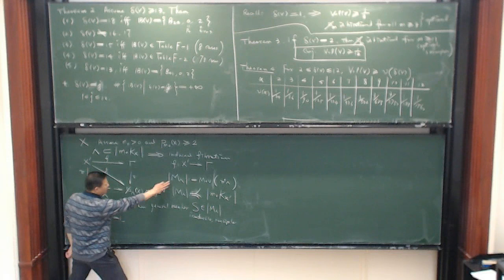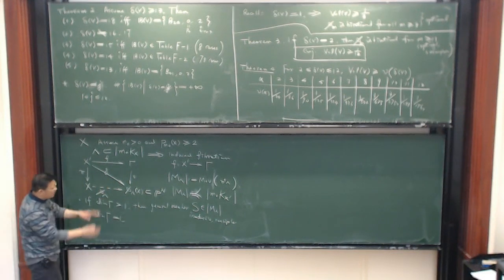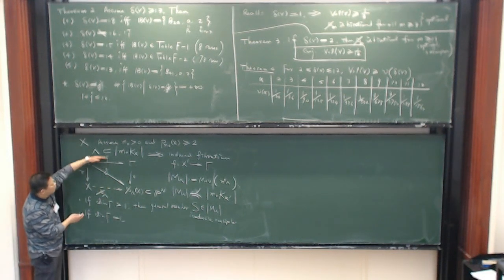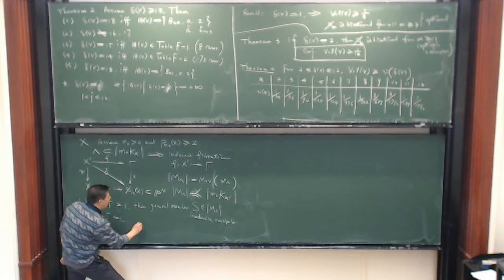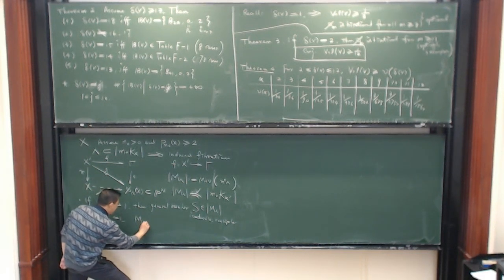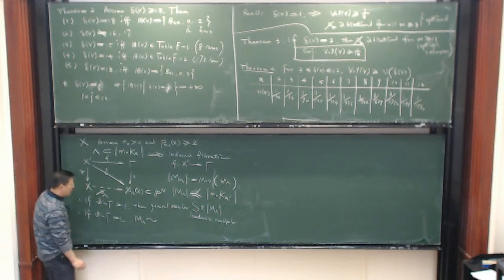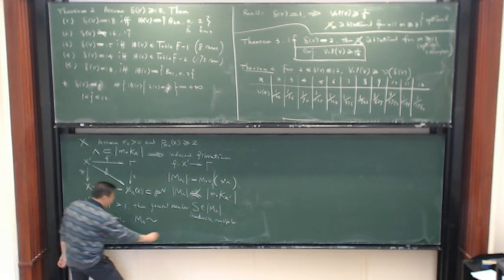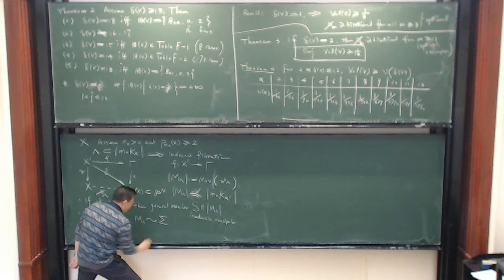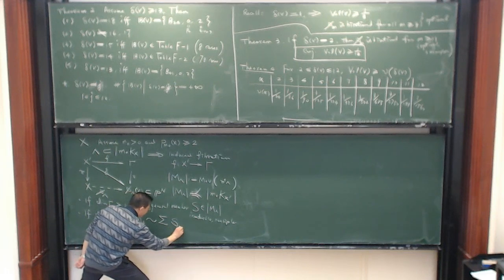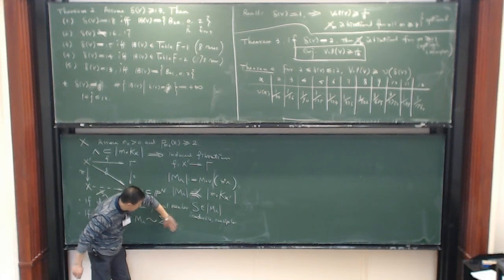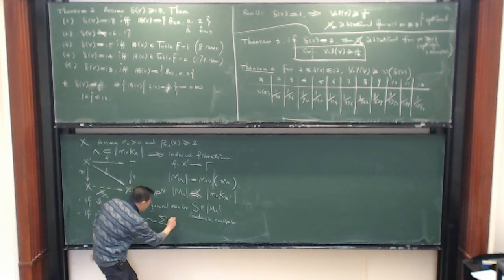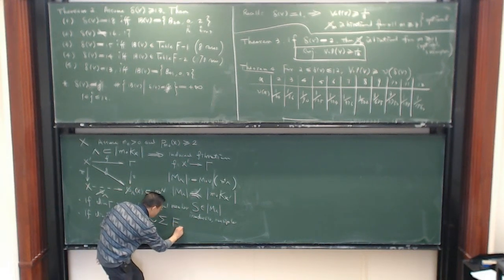But the general member of this can be a disjoint union of several smooth fibers of F. Okay, so then I say that M lambda is equivalent to a disjoint union of, say, I would like to write in the fibration case, F_i.